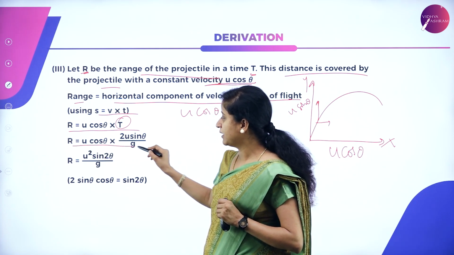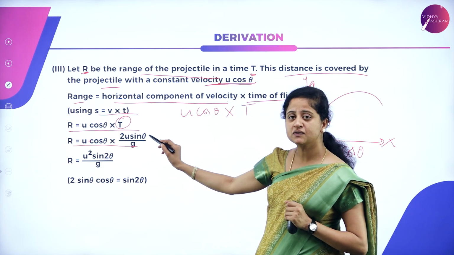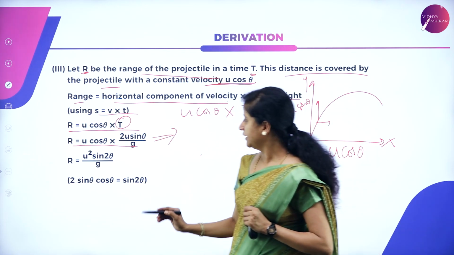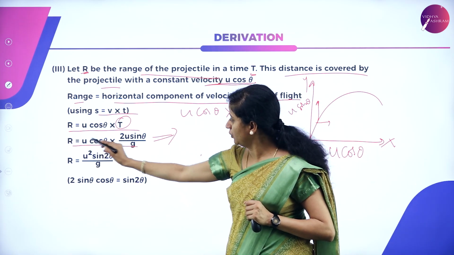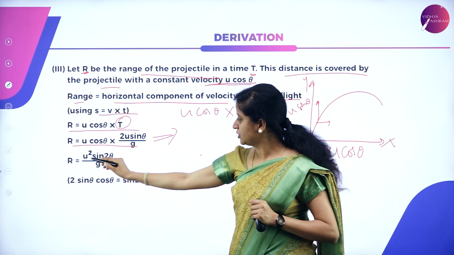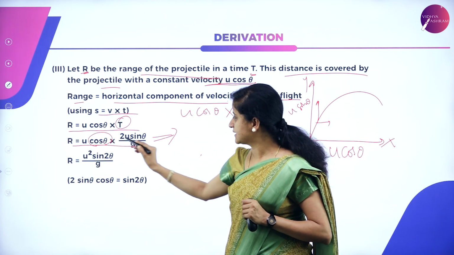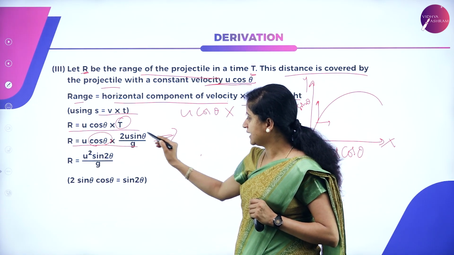So let us now multiply u cos theta into 2u sin theta divided by g. From this you can observe we have u and u. U into u is u square, and we have cos theta and 2 sin theta.